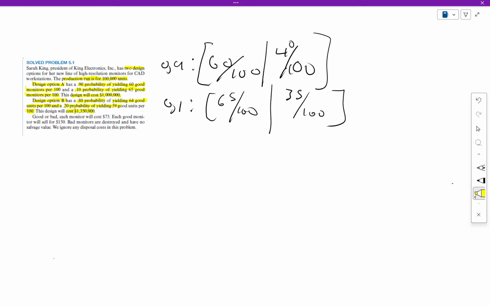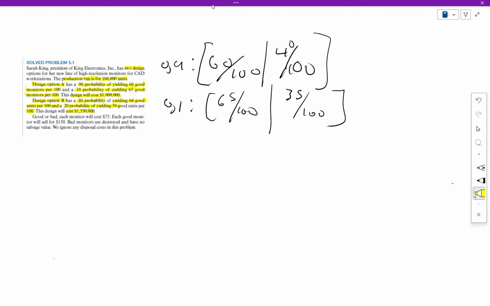So now we're having a yield of 60 over 100 good products, again 65 over 100 good product.